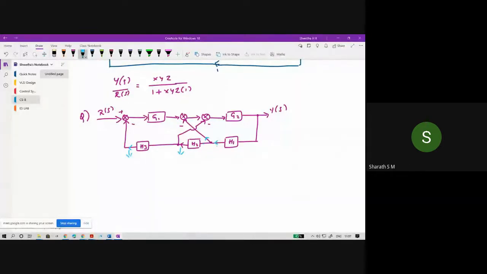So H1, H2, H3. Here it looks complex, so we need to make it simple. Here also we have a crisscross connection of feedback elements, so we need to make it straight lines. To do that, just interchange these two summation points. Look at how it works.